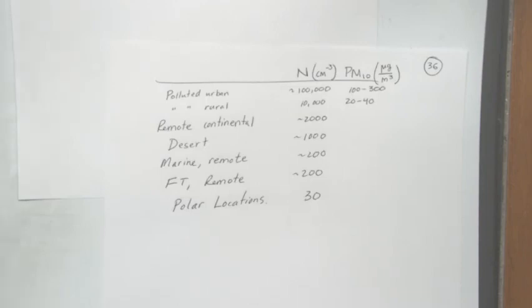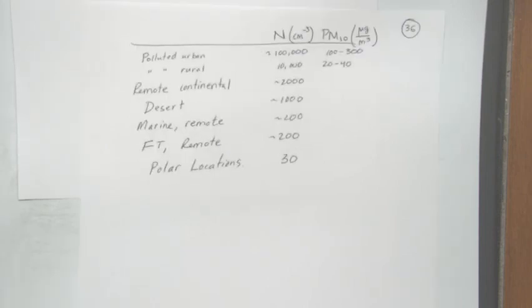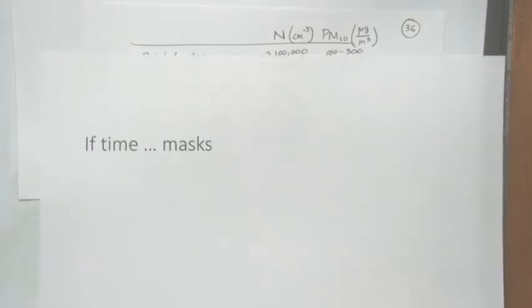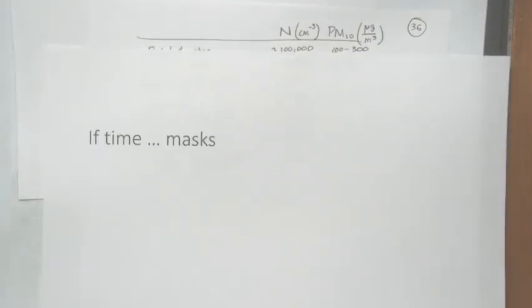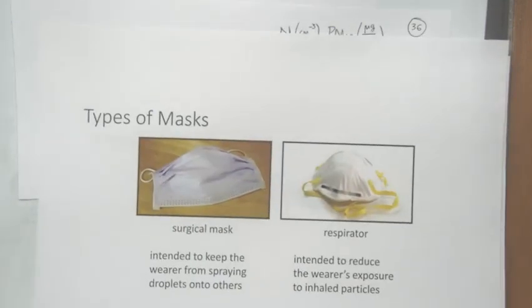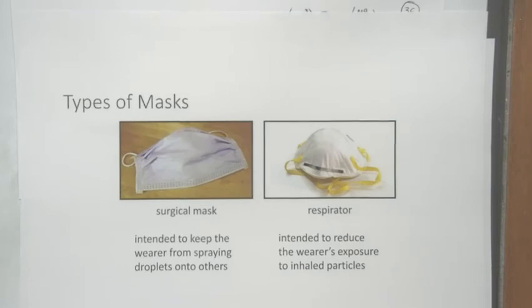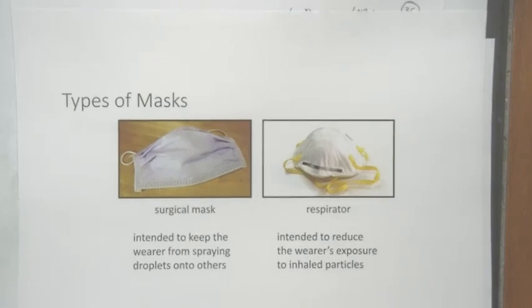So I'm going to finish up because of the coronavirus situation and how that ties into aerosol distributions and their sizes with masks. And you have the PDF of this, but so surgical masks versus respirators.